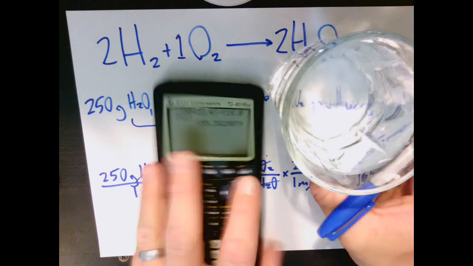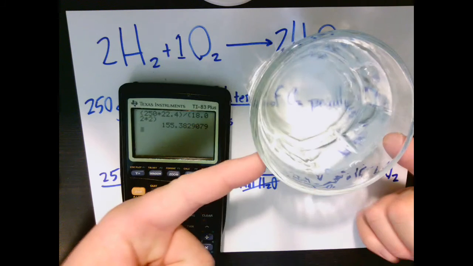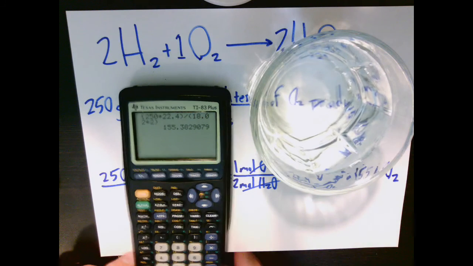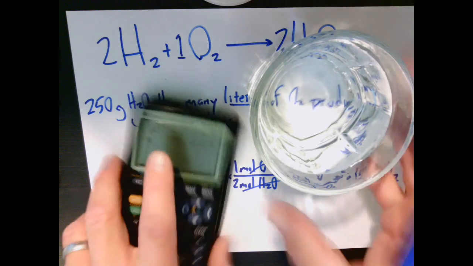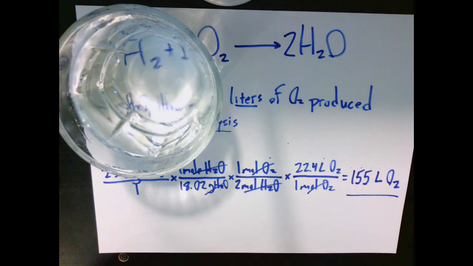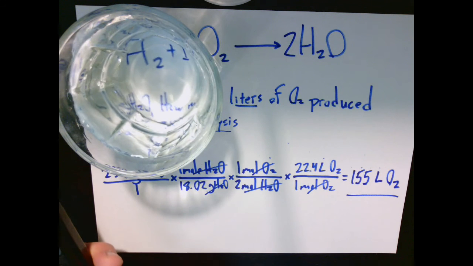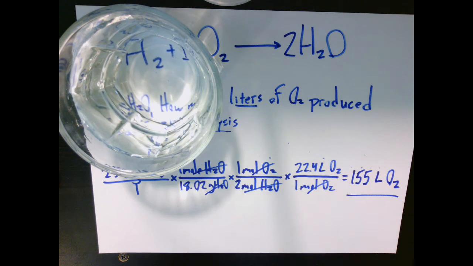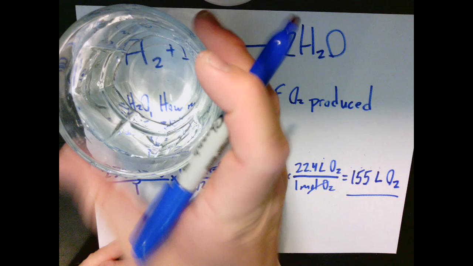If I were to split this water into its elements, they would be gases at room temperature, not liquid, and I would get 155 liters of oxygen from that process, which, in terms of beach balls, would be about 7 beach balls filled with pure oxygen, or a 50-gallon drum size, pretty similar.